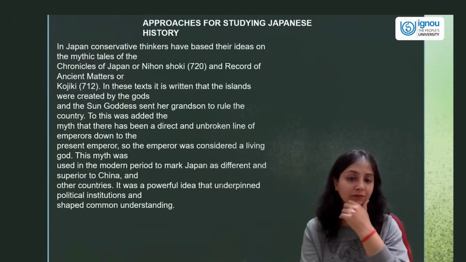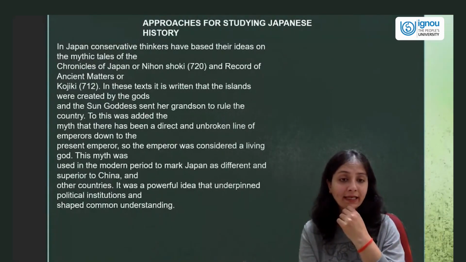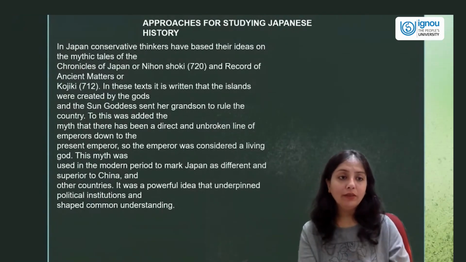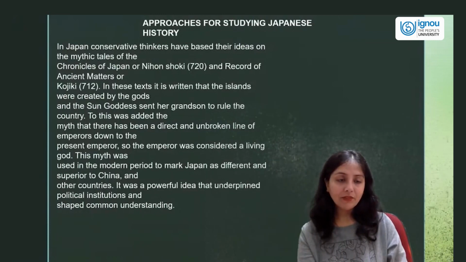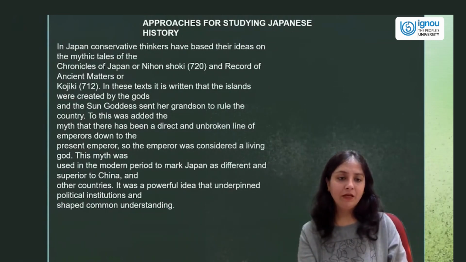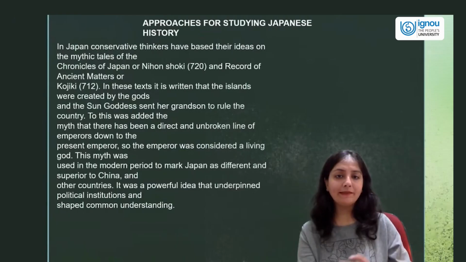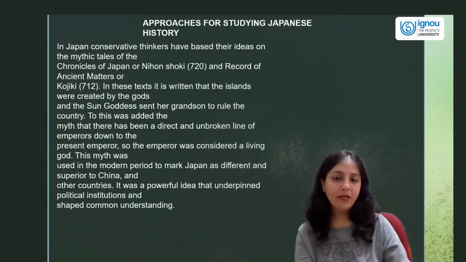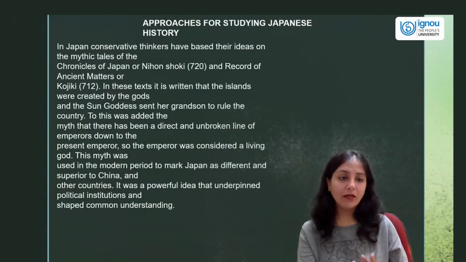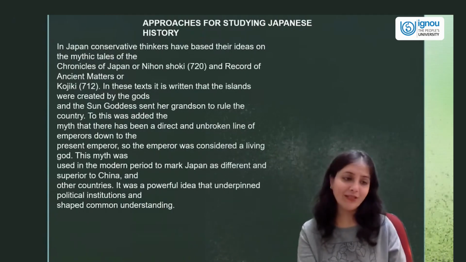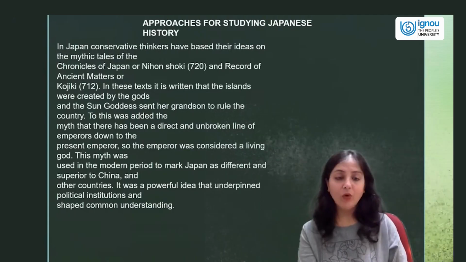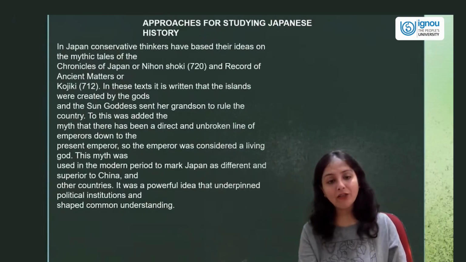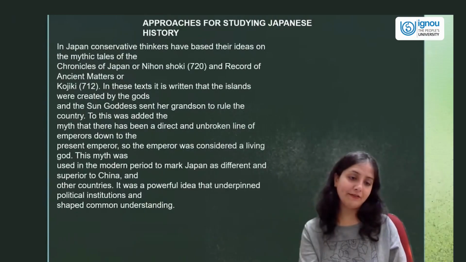This is a myth. The sun goddess sent her grandson to rule the country. But so many emperors ruled in Japan, emperor after emperor after emperor, and they were considered living gods at that time. This myth was used in the modern period to mark Japan as different and superior to China and other countries.